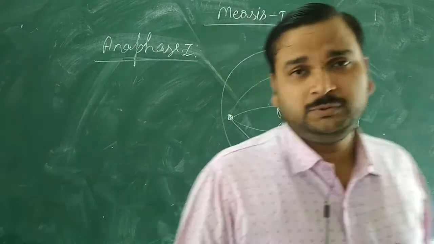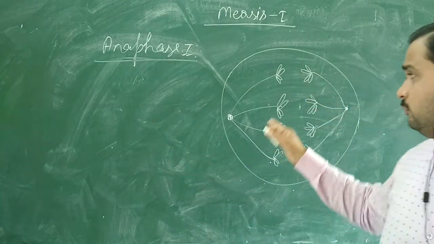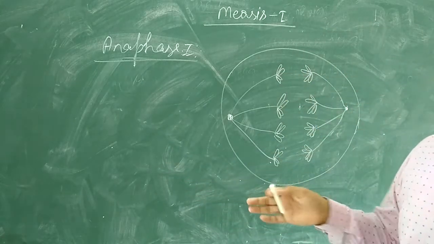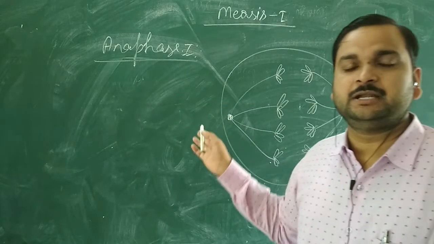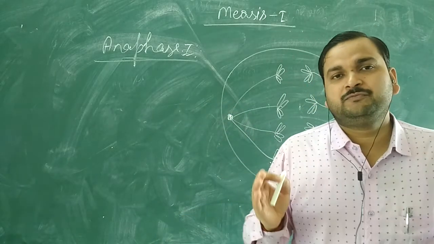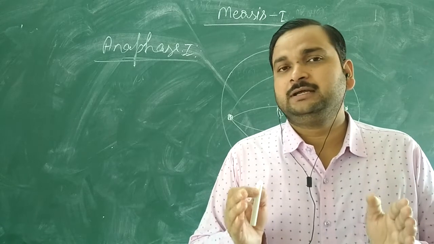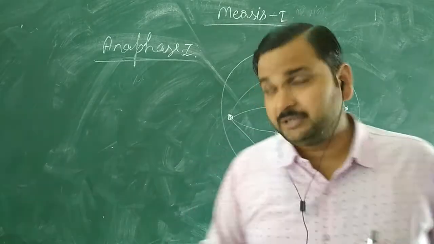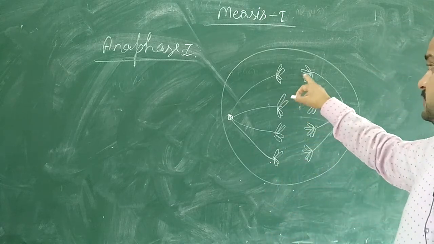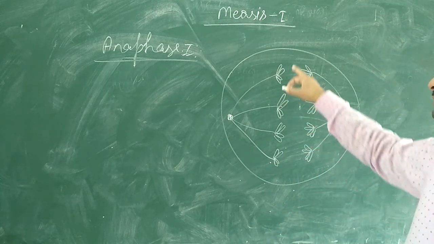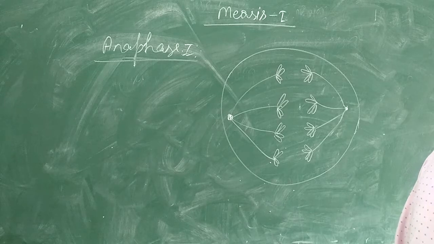Here in the case of meiosis first, during the anaphase first, the homologous chromosomes separate. So far we have finished the metaphase first. The chromosomes were still present in the form of pairs and all of them were arranged at the equatorial plate. But here, during the anaphase first, the homologous chromosomes will separate.